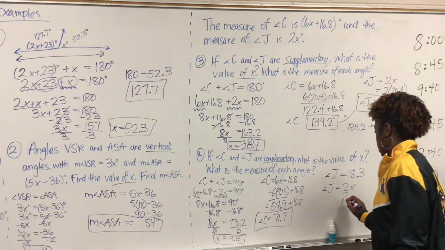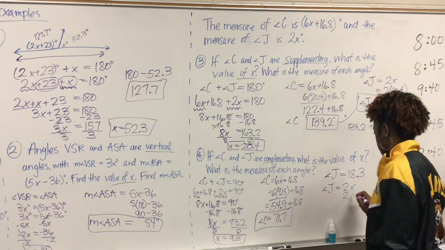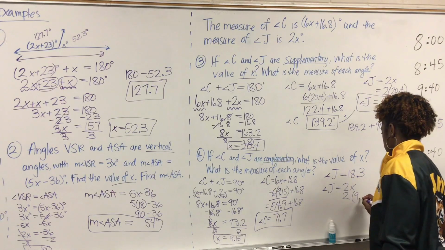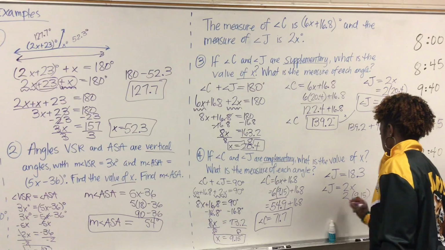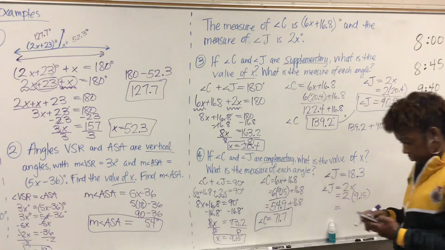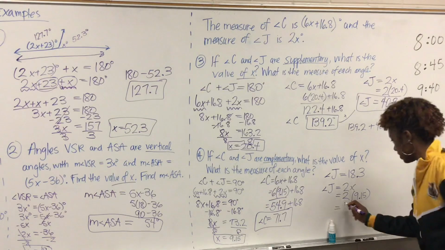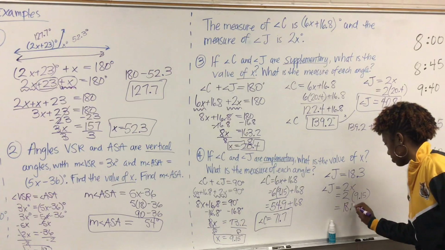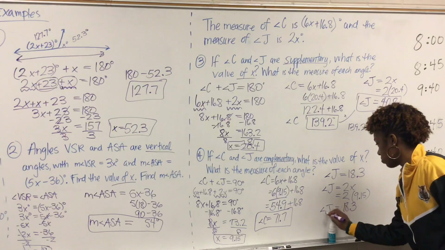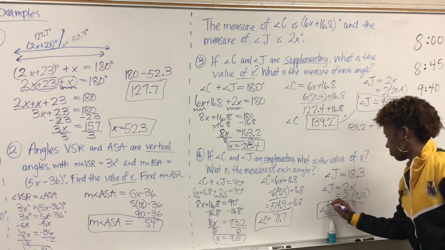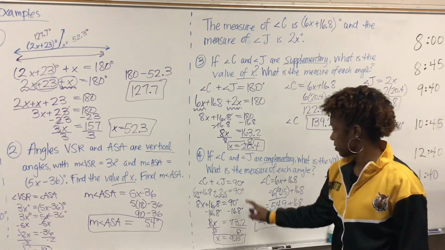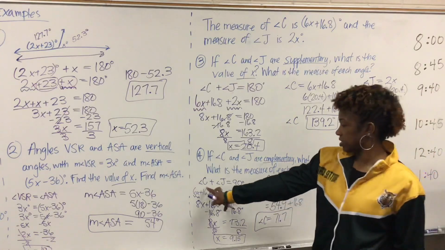Sub in your answer of 9.15. 2 times 9.15 will give you indeed 18.3. That shows us that it works when we subtract this angle from 90, because we know when we add those together, they are 90.